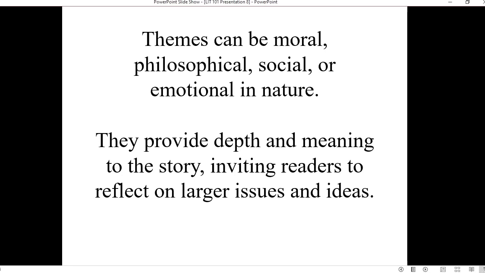So it is the actual message that makes up the story. So in a story, we can have theme of love, theme of politics, theme of gender, theme of friendship, theme of hate, and so on.